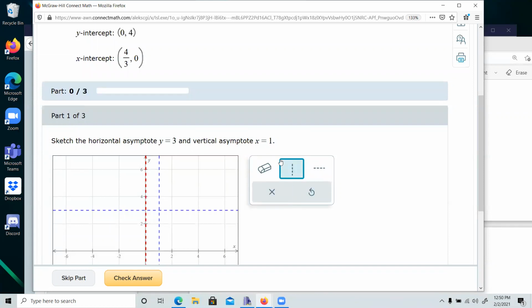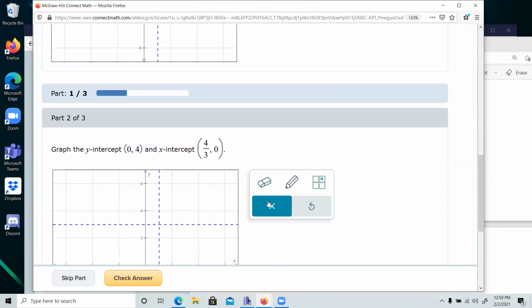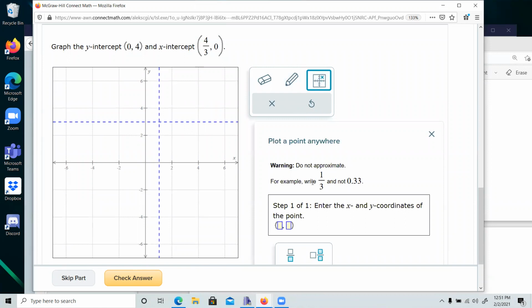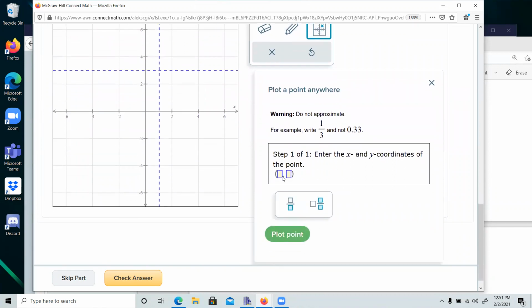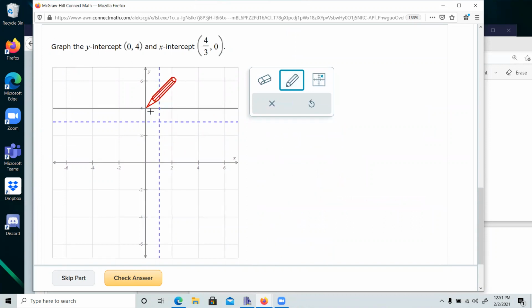Okay, sketch the asymptote. That's all I wanted, was to do the asymptotes. Graph this point. Well, (0, 4), I think we could do. 0, 1, 2, 3, 4.